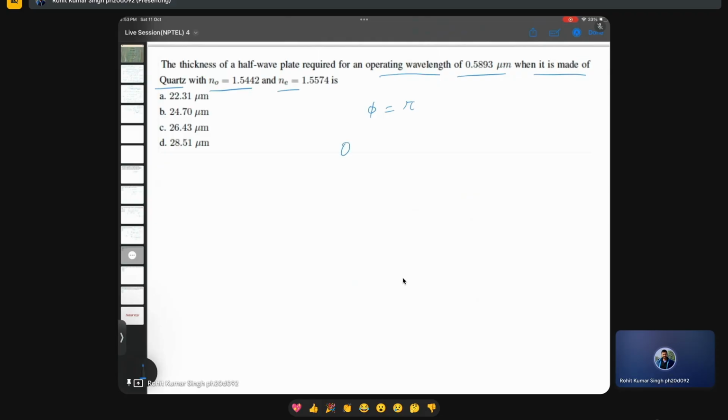And we have the formula for phase difference, 2 pi by lambda naught times NO minus NE times d. So put pi here, NO is given, minus NE, and d. You can calculate the distance. It will have a negative sign, but again it doesn't matter, because you can take the mod of it.